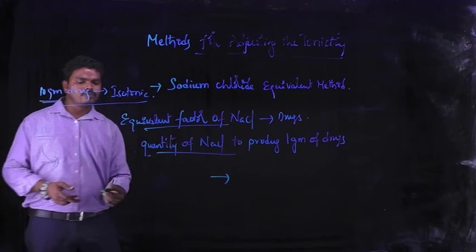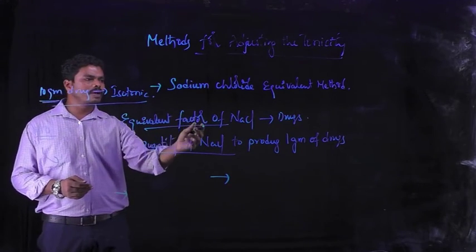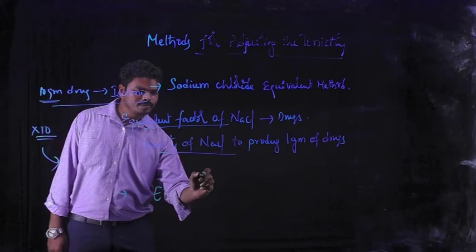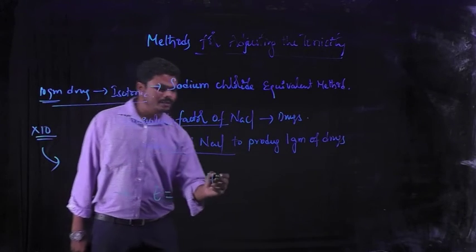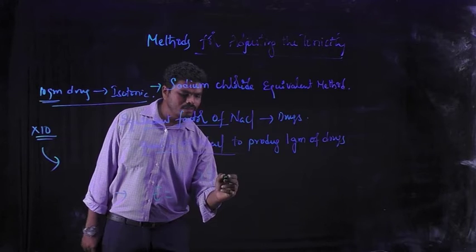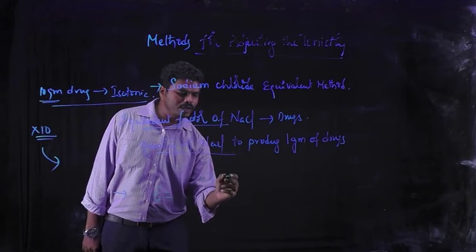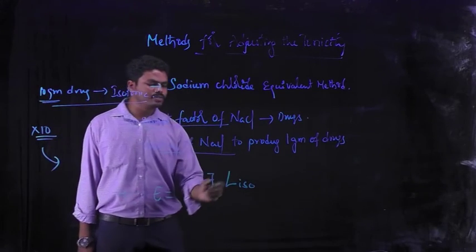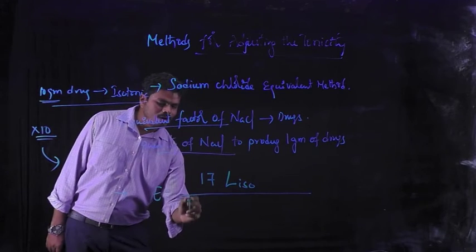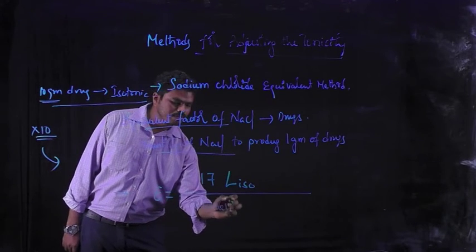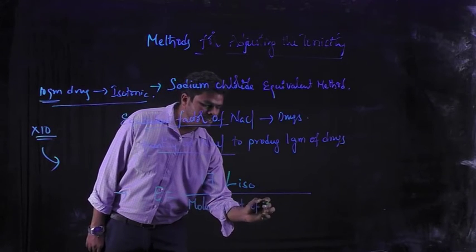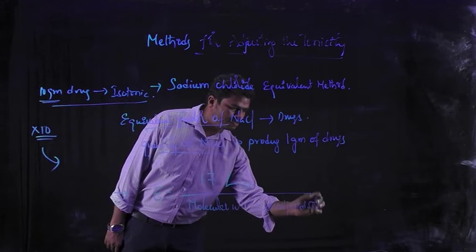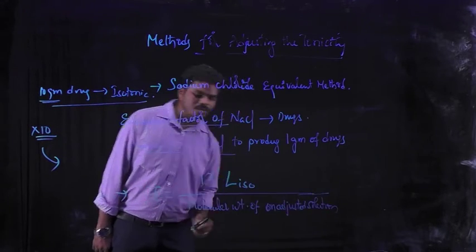And in another way, we can calculate the equivalent factor of sodium chloride for the drugs by using the formula E is equal to 17 into the freezing point of isotonic solution, that is denoted as L-iso, divided by the molecular weight of the unadjusted solution, that means the drug solution.